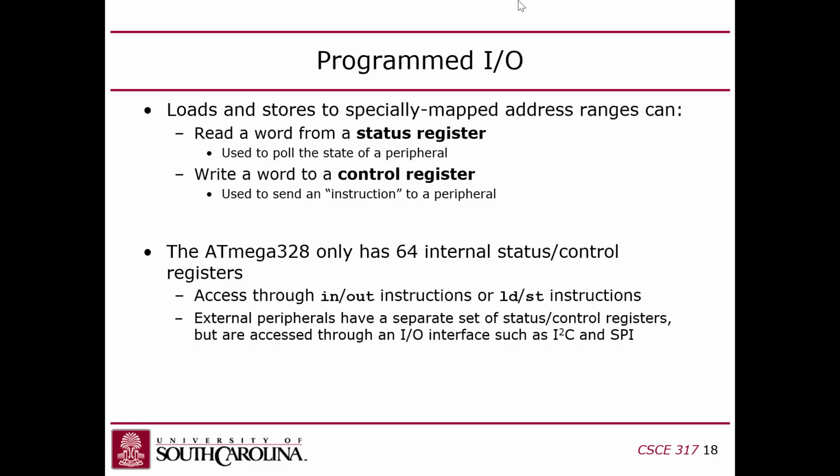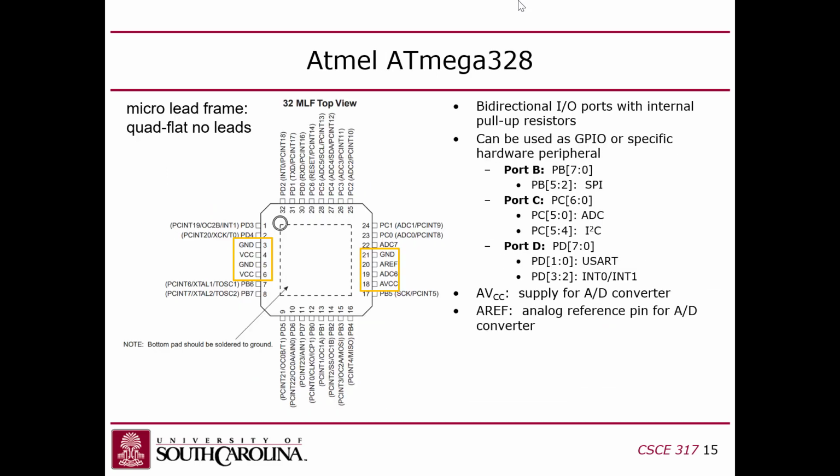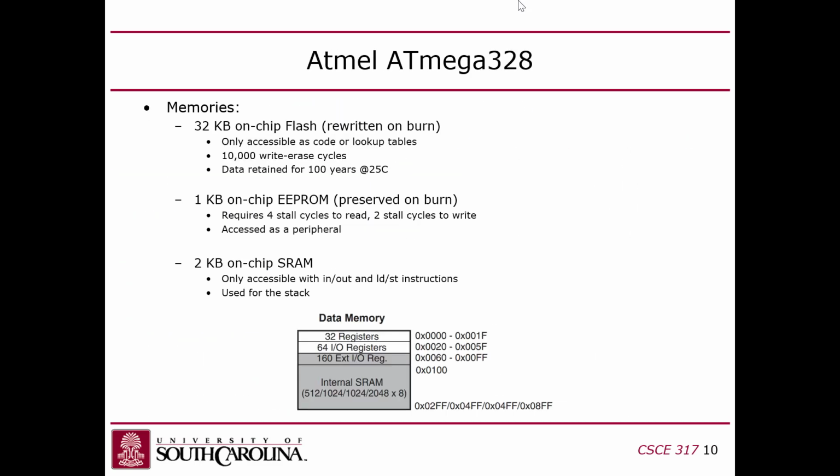So in other words, there's certain ranges of addresses. In the case of this chip, its address is 20 in hex, which is 32 in decimal, and it's the 64 addresses starting from address 32, or 20 in hex.